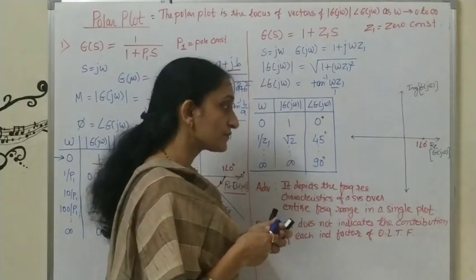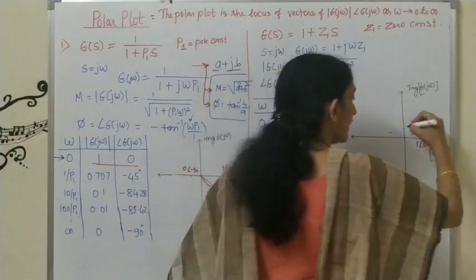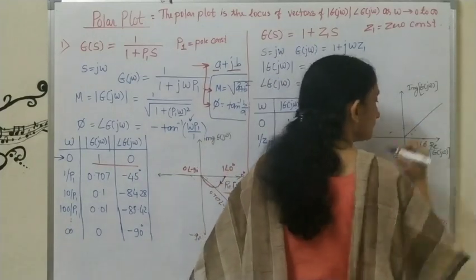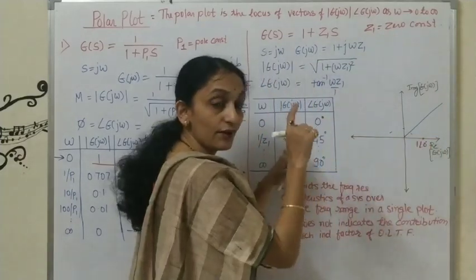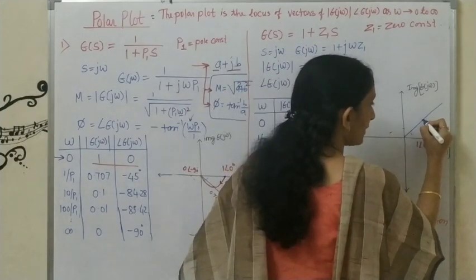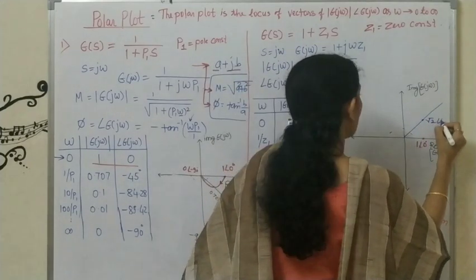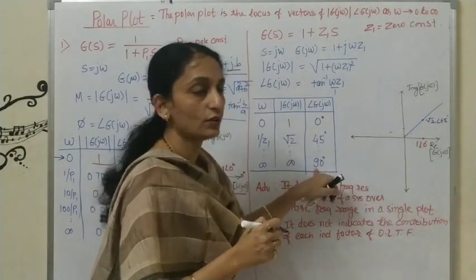Now this is plus 45, so I will put the protractor like this. Then I will draw the 45 degree line. On the 45 degree line I will mark root 2, which is 1.414. Next is infinity at an angle of 90.